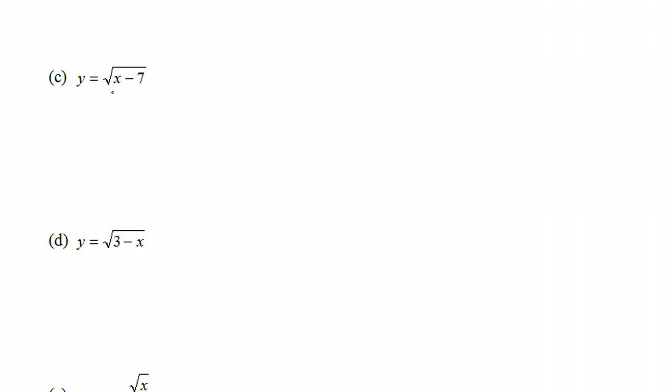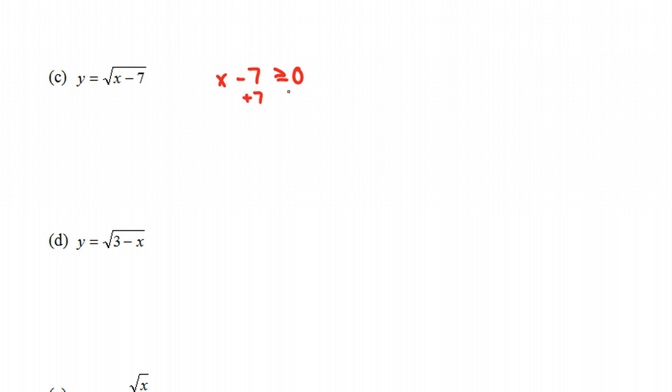Okay, now part C, we can plug in any numbers we want, again, for x, except the one thing we have to be careful of is the square root. We cannot take the square root of a negative number. So in other words, we want x minus 7 to be greater than or equal to 0. If you take the square root of a negative number, you'd end up with an imaginary number, but we want y to be a real number.